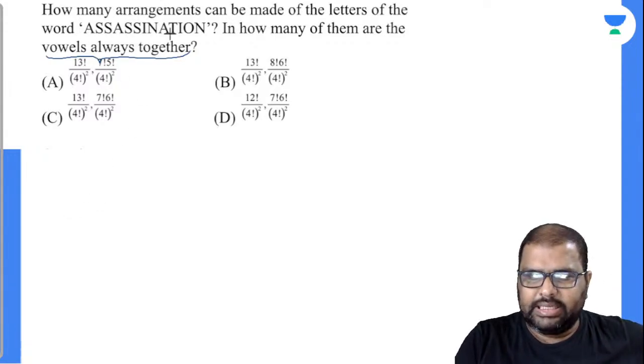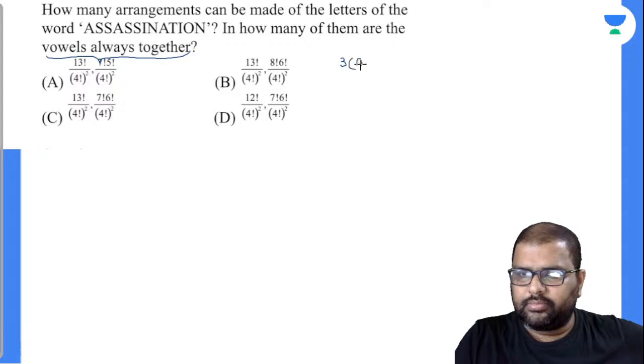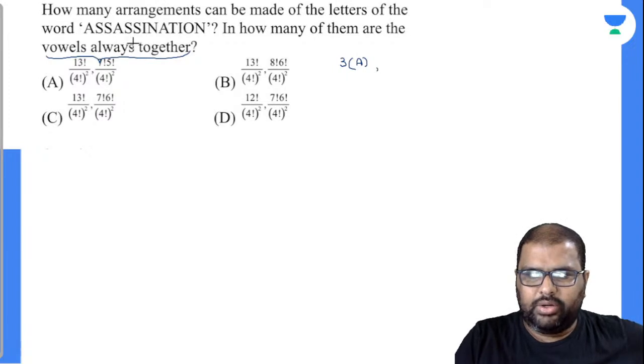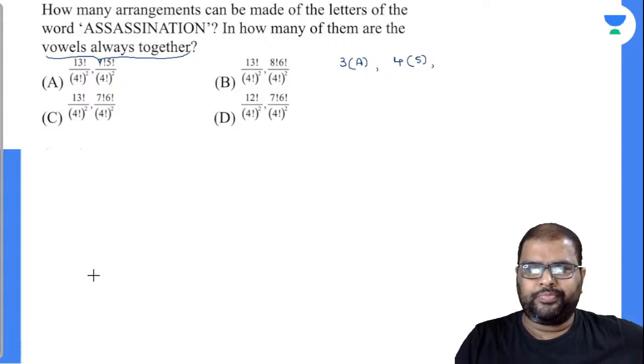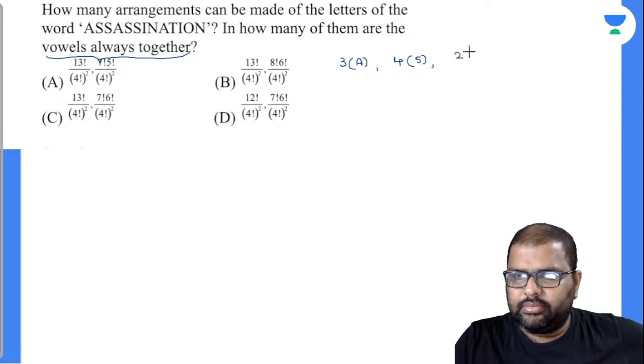How many A's are there? 3 A's are there. How many S's are there? 1, 2, 3, 4. 4 S's are there. How many N's are there? 2 N's are there.